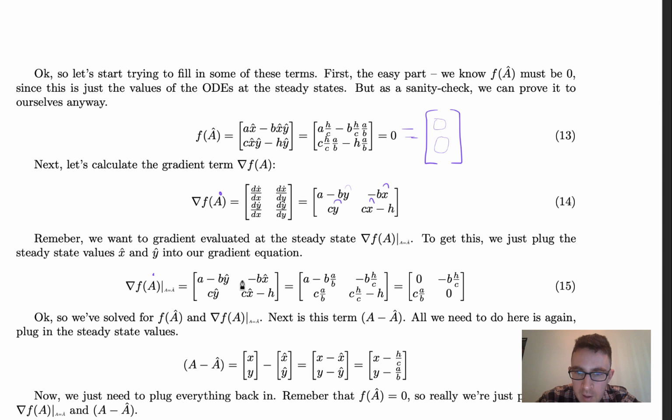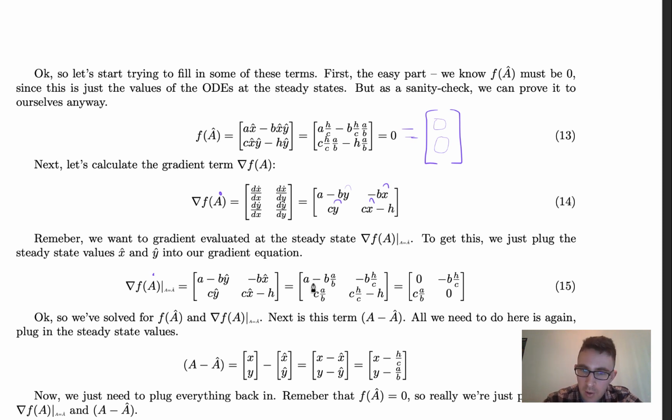Y hat is equal to a over b, and x hat is equal to h over c. So what I do next, after changing these x's and y's to x hat and y hat, is plug in the actual values of x hat and y hat in terms of the constant parameters. So just plug in h over c for x hat and a over b for y hat. From here, we can compute out these terms.